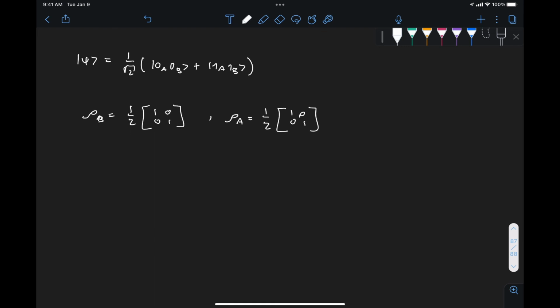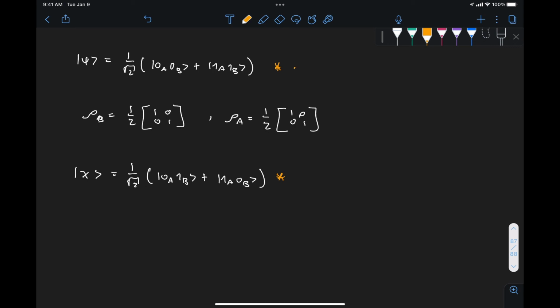result. What if Alice and Bob now share a different pair of entangled qubits of the form 1/2, 0 for Alice, 1 for Bob, plus 1 for Alice, 0 for Bob? Well, if they are aware that their qubits are entangled, these two states are clearly very different, right? If they perform measurements on their qubits and then compare notes, in the first case, they're going to find out that their two qubits are perfectly correlated to each other.